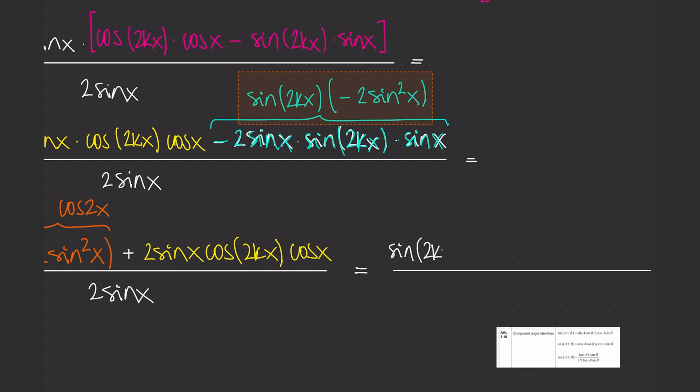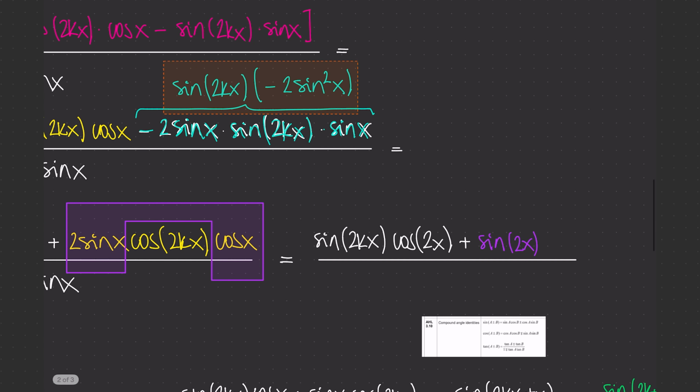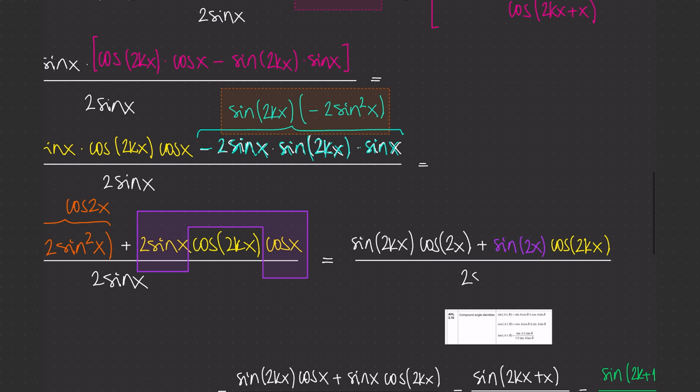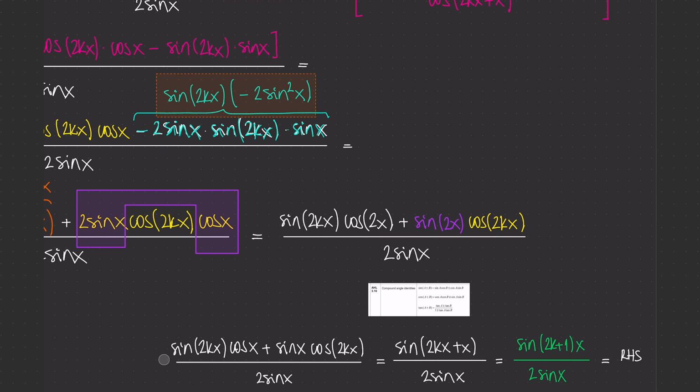So we have sine of 2kx cosine of 2x plus another substitution, 2 sine x cosine of x, which is the same as sine of 2x times the cosine of 2kx. All that divided by 2 sine of x. Now notice, this is exactly where we were trying to get in order to prove this. So we're done. We can just remove this step because it's the same as the previous one.